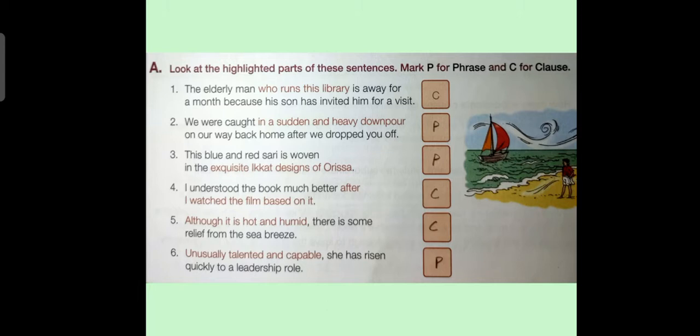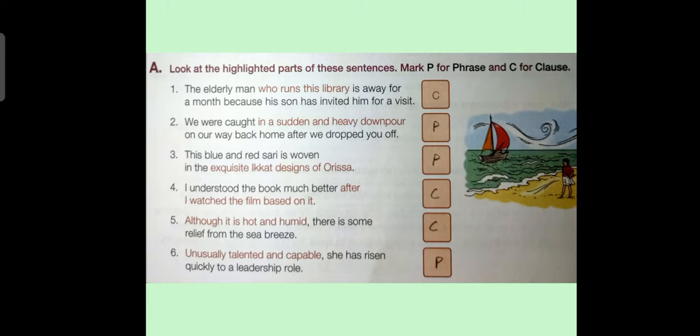Sentence number 2. We were caught in a sudden and heavy downpour on our way back home after we dropped you off. The highlighted words, in a sudden and heavy downpour, dear students, as you can see, do not have a subject and do not contain any verb also.